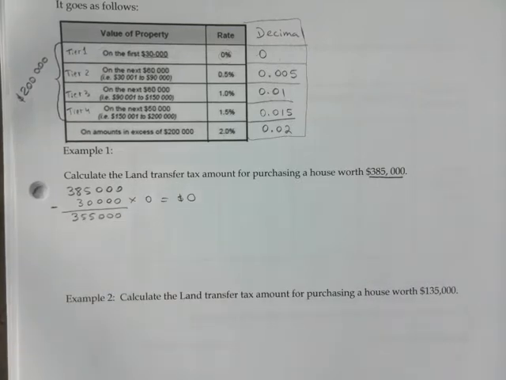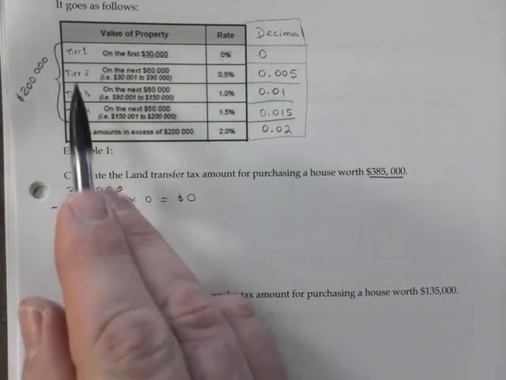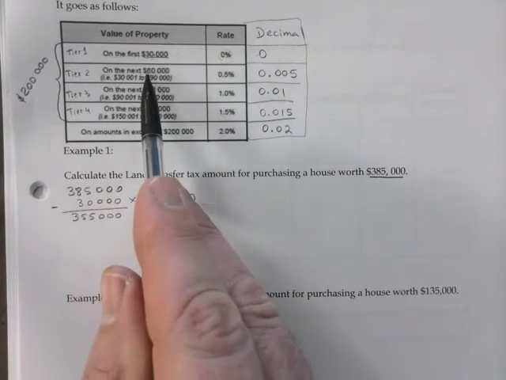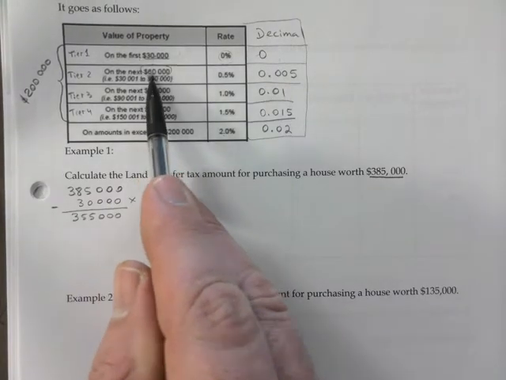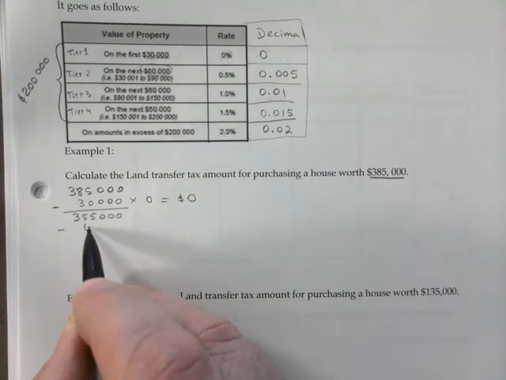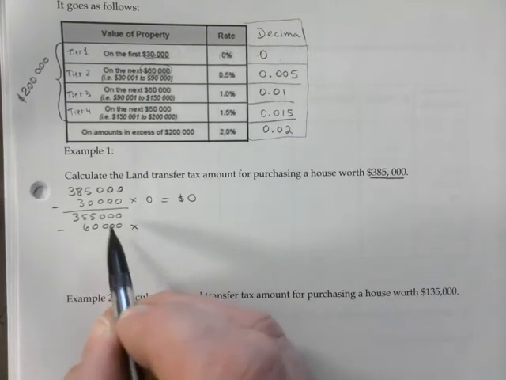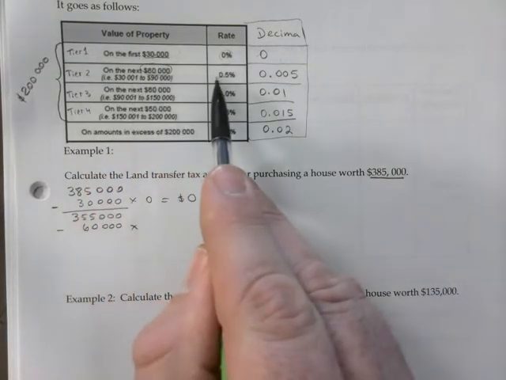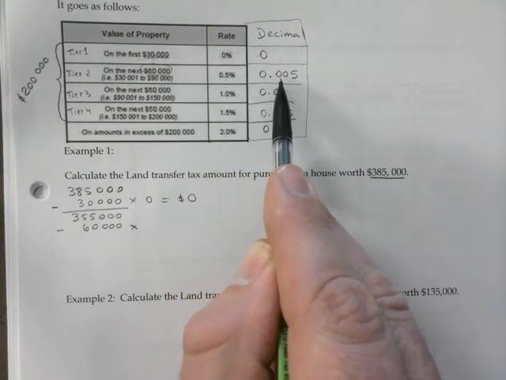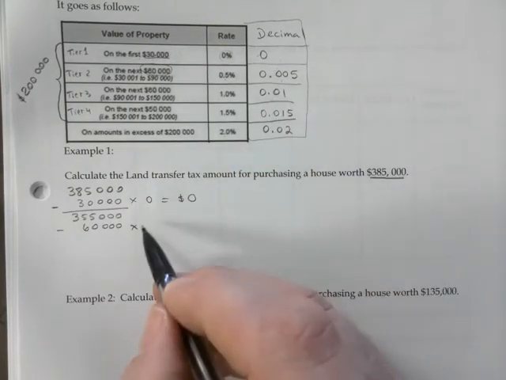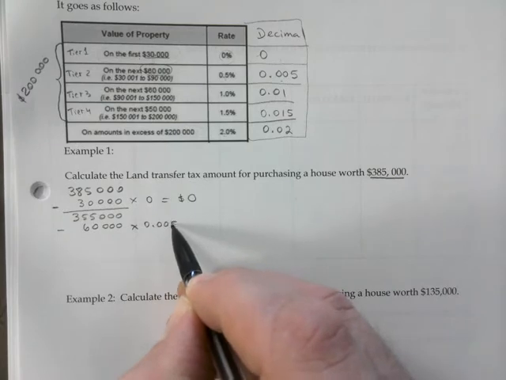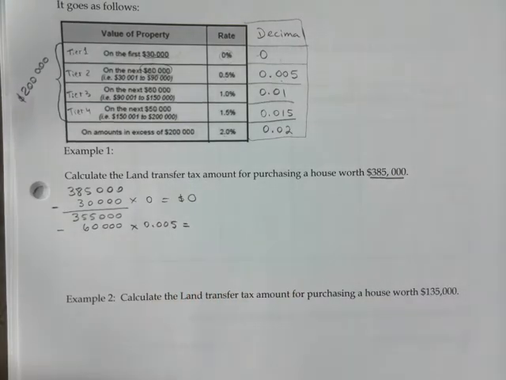Because you taxed $30,000 already, which is 0. The next tier is what? $60,000. So we go ahead and subtract $60,000. And what does that tier get taxed? 0.5%, which is this really as a decimal. We will do the math later. Right now, just write it down.